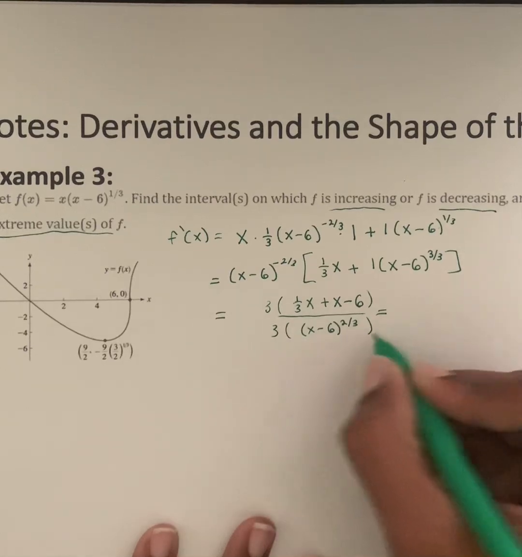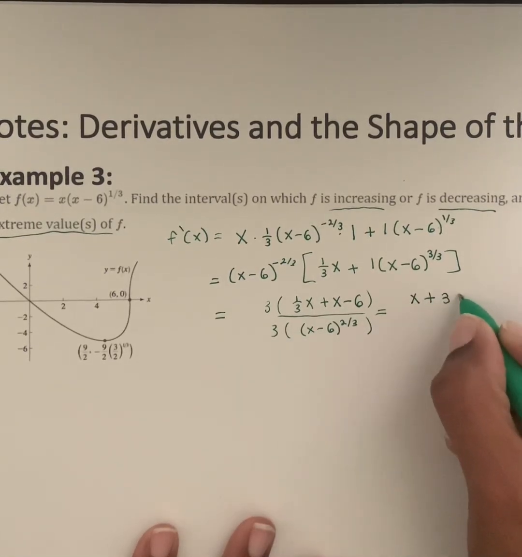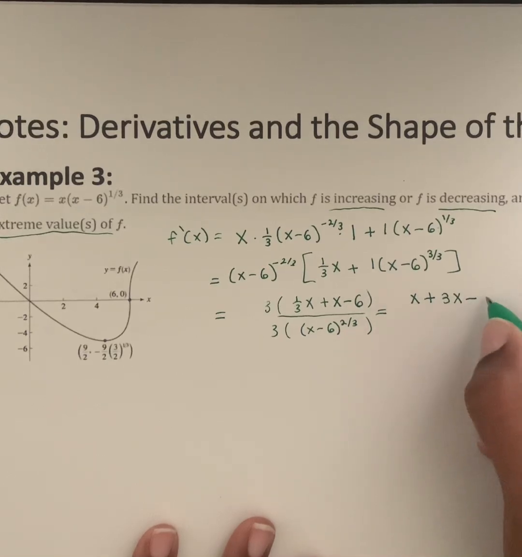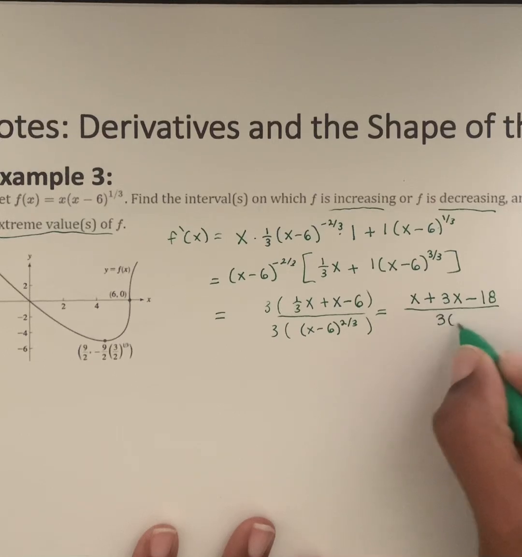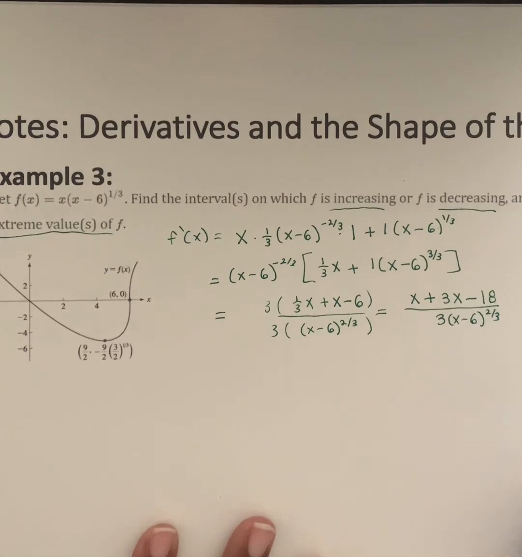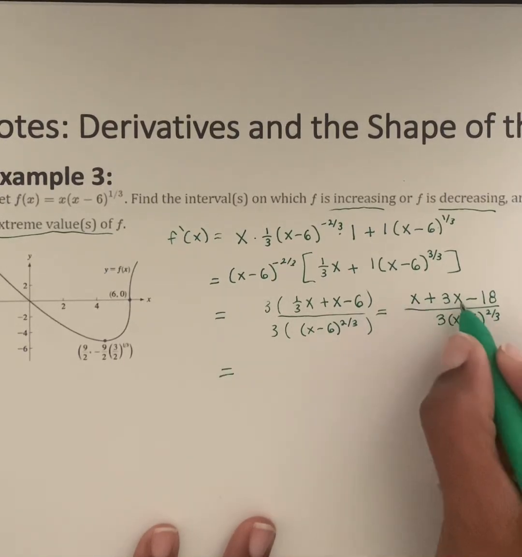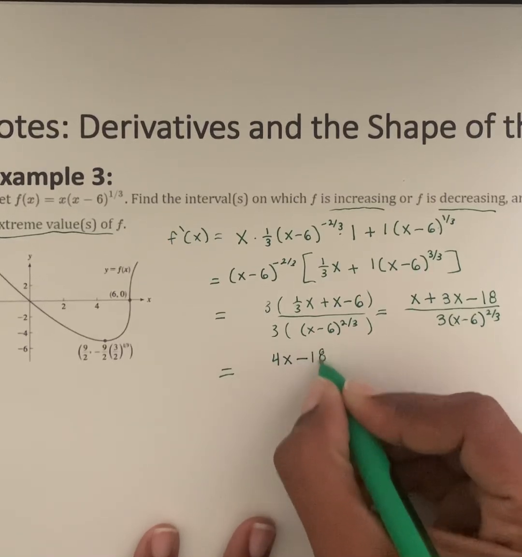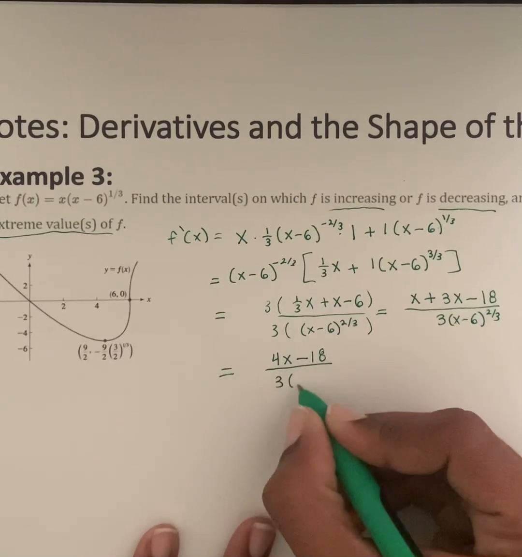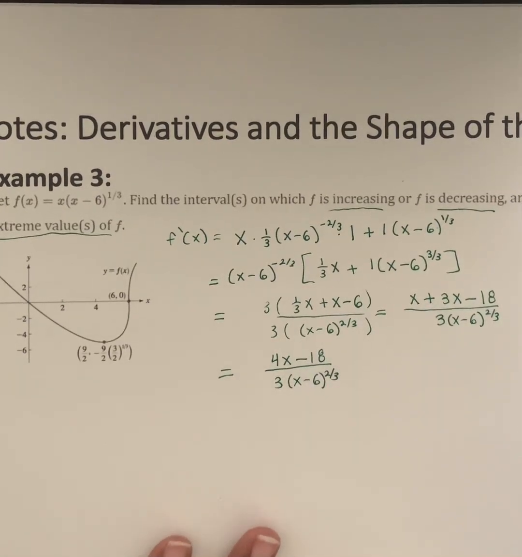Same on the bottom. We get x plus 3x minus 18 over 3 times (x minus 6) to the 2/3. Simplifying, combining like terms, x plus 3x makes 4x minus 18 over 3 times (x minus 6) to the 2/3.